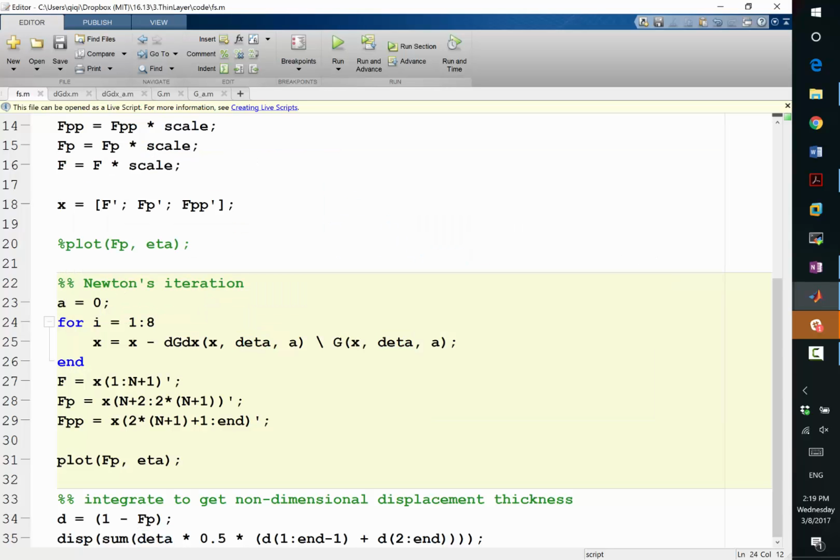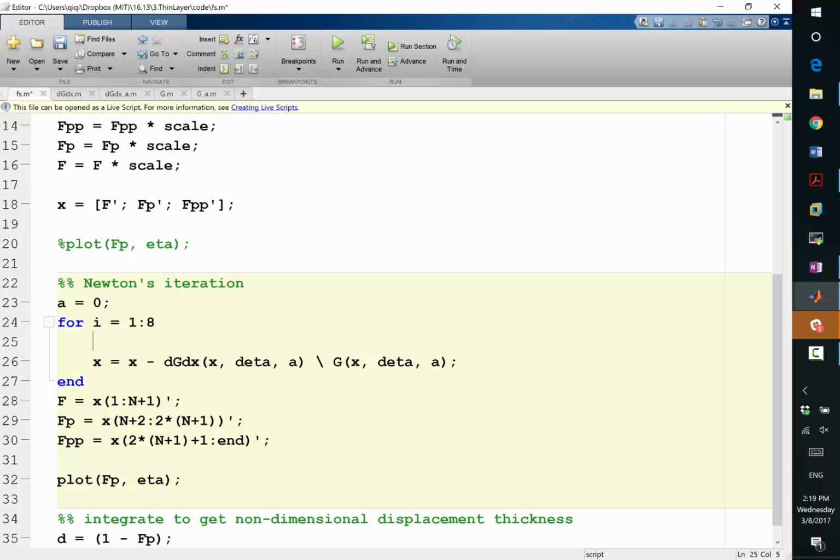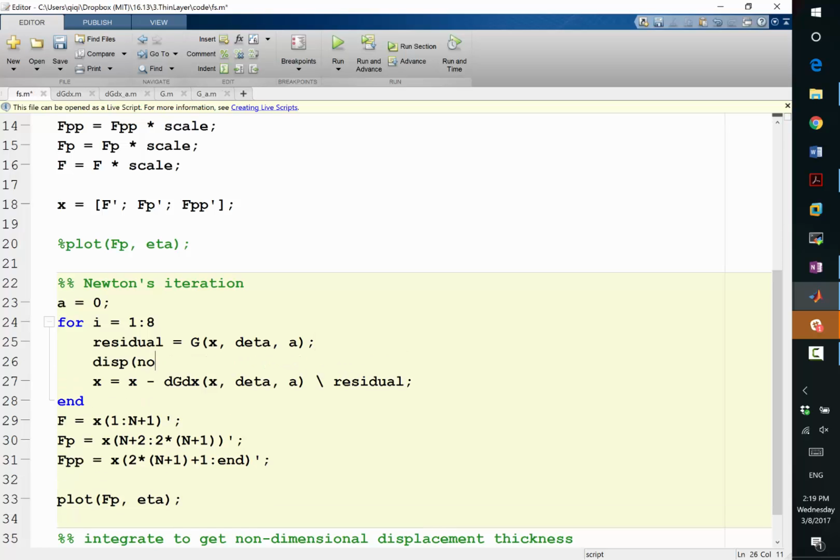I want to print out how the residual decreases. So the residual is equal to G, because if G is equal to 0, I know the equation is satisfied. And every time I want to display the norm of the residual.